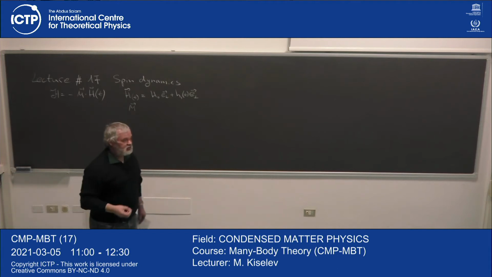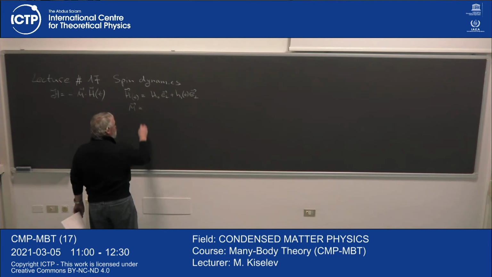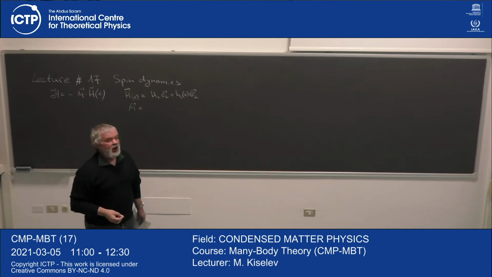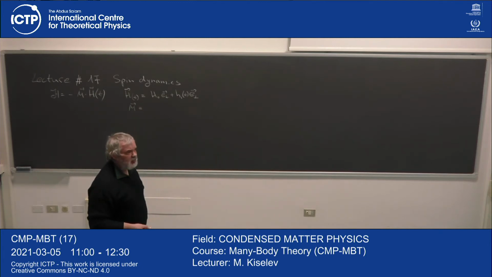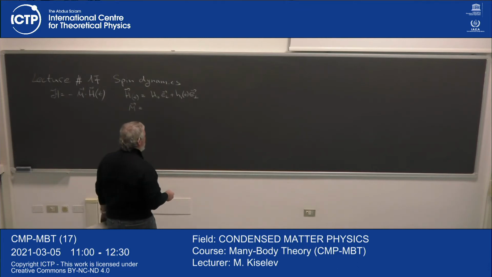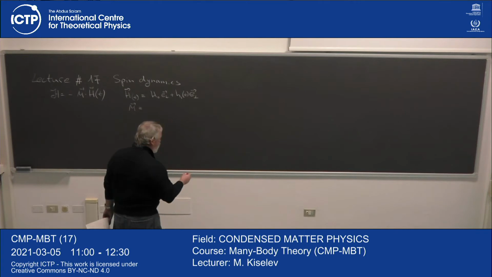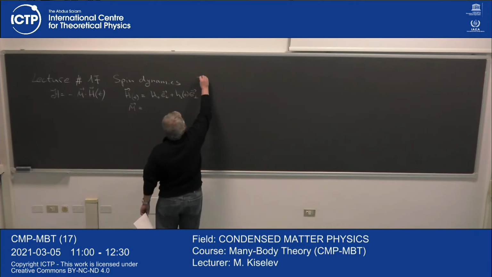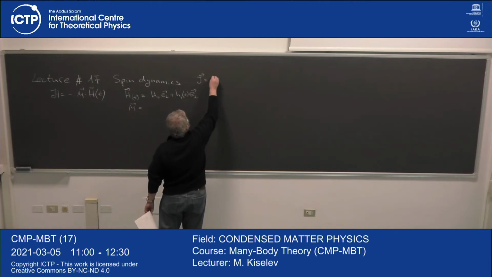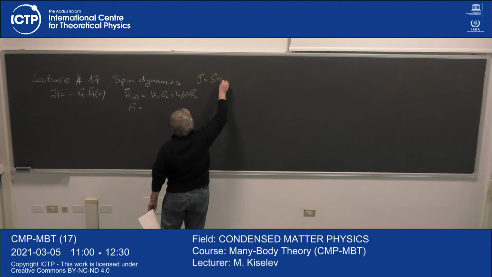And last time we discussed for the quantum problem that magnetization is related to total momentum. I can still write J, but for the sake of simplicity, I will consider from the very beginning that there is no orbital momentum. I remind you that J is S plus L, operator.